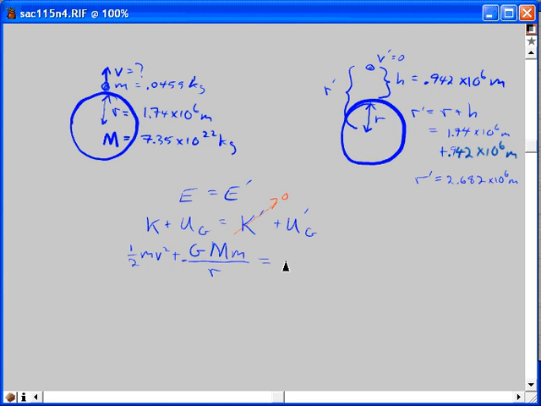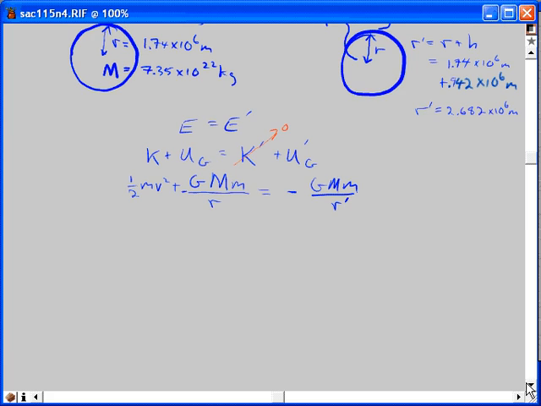And then over here we got 0 minus the same thing, except the separation of the centers is the separation in the after picture. Okay, I just have to solve that for v now.